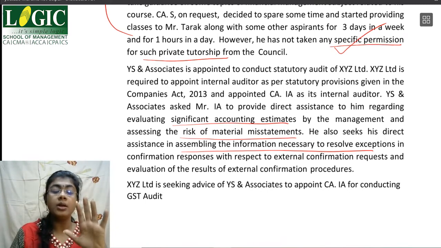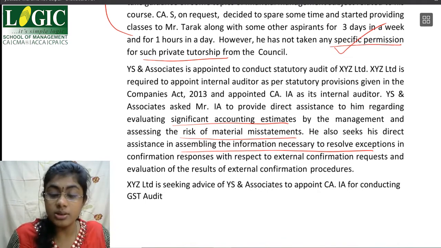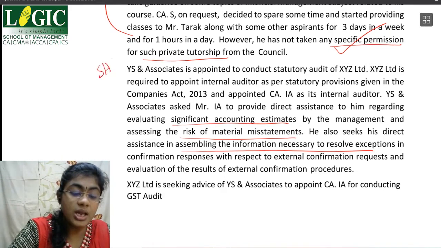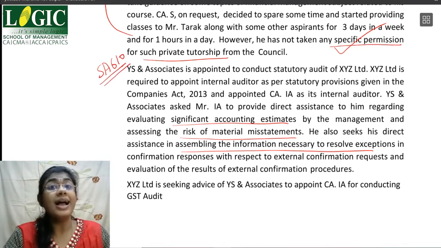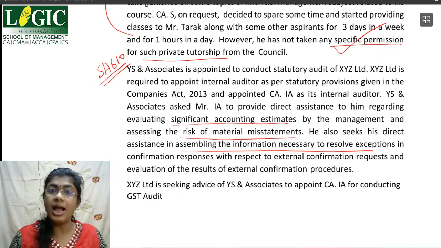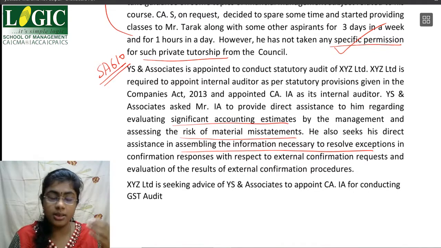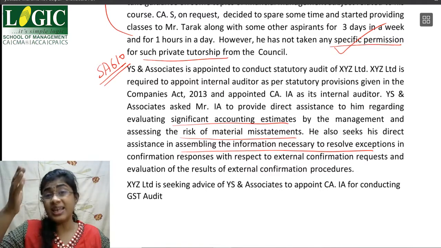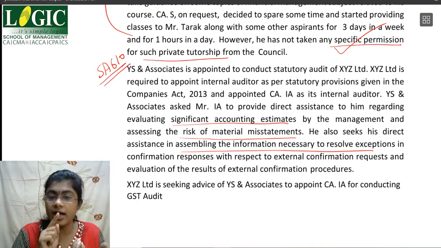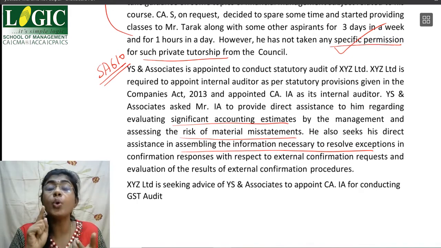Now, something related to internal audit, external audit. SA 610. As per SA 610, you have the external auditor as well as the internal auditor, right? One of the main points in SA 610 is that the external auditor can seek direct assistance of who?